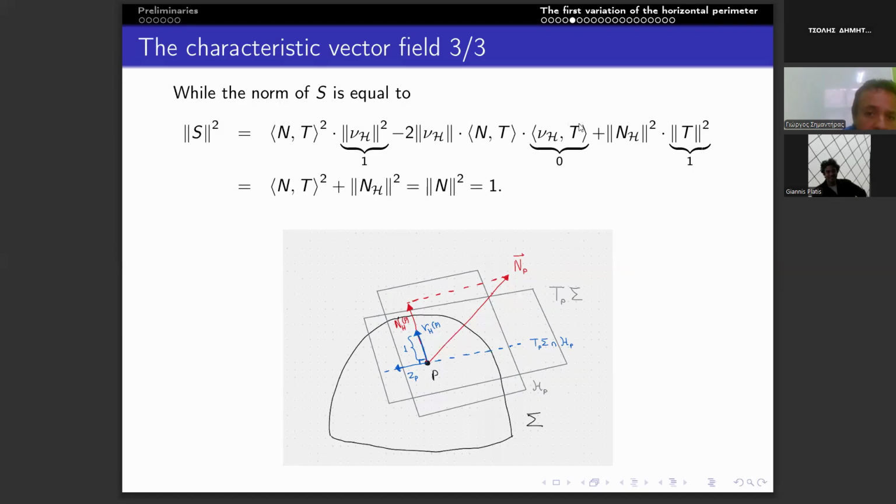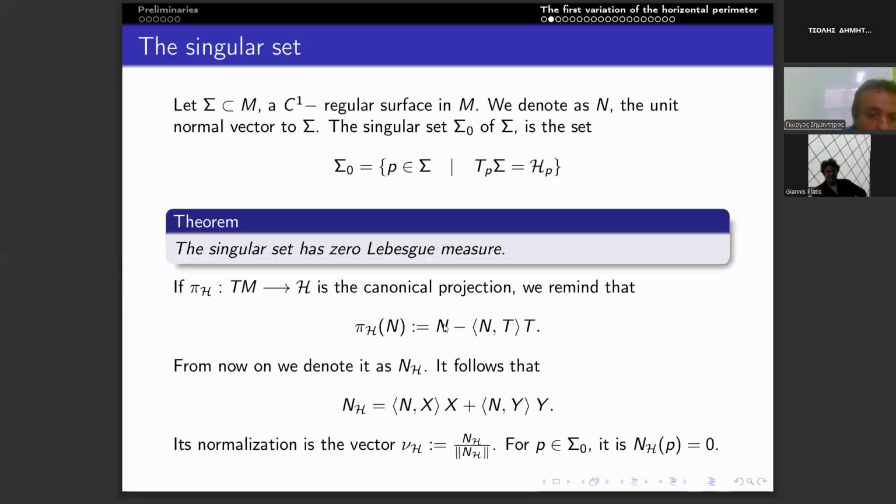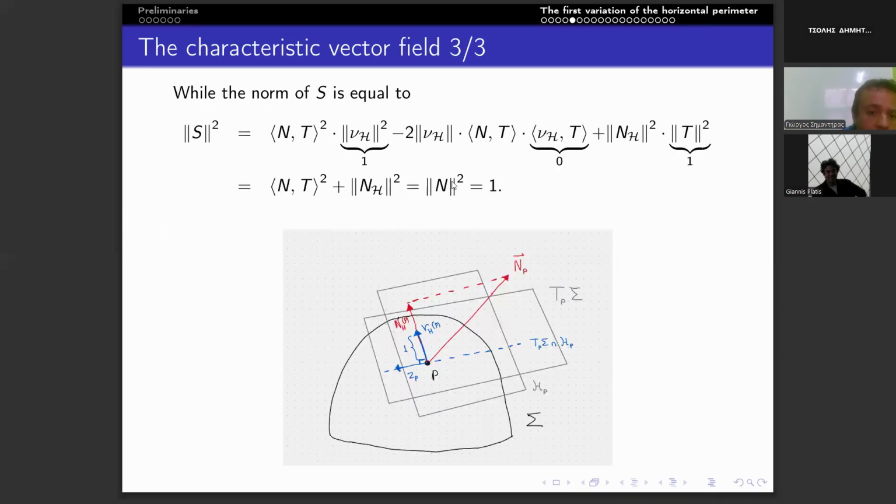This term vanishes because T is a real vector field and N_H is horizontal. And this is 1 because T is a unit vector. So we have practically the Pythagorean theorem using this decomposition again. So the norm of S is equal to the norm of the normal unit vector in the surface, and is 1.